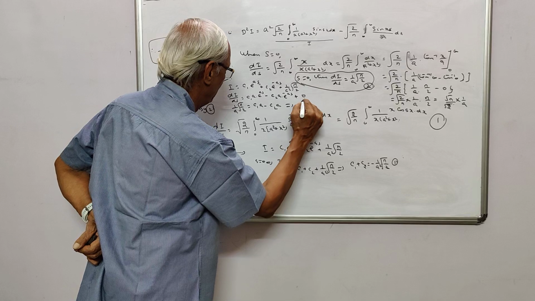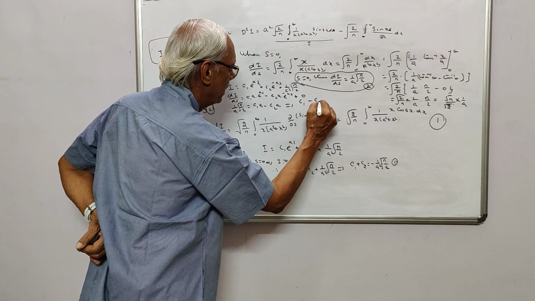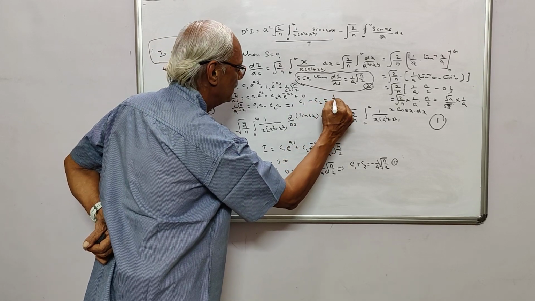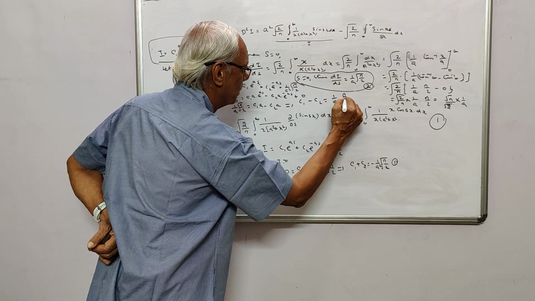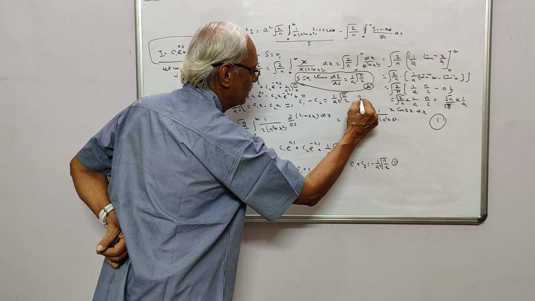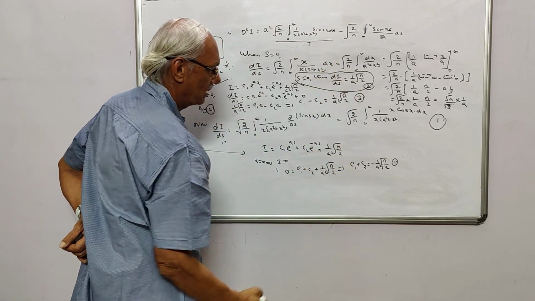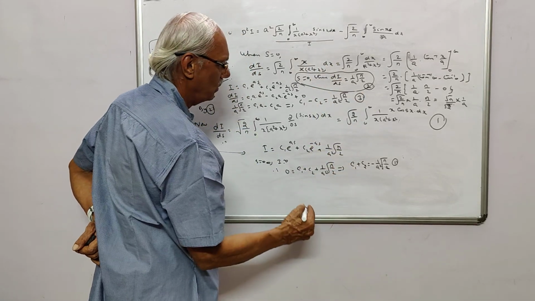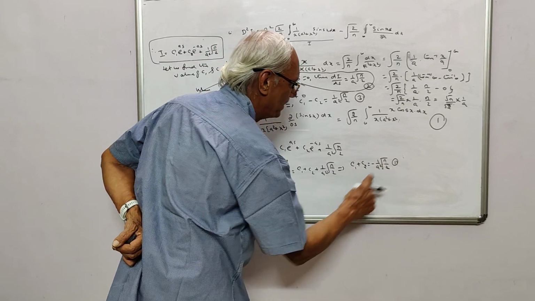So this implies c1 minus c2 is equal to 1 by a squared, square root of pi by 2. Call this your 3. Now, you have already got c1 plus c2.